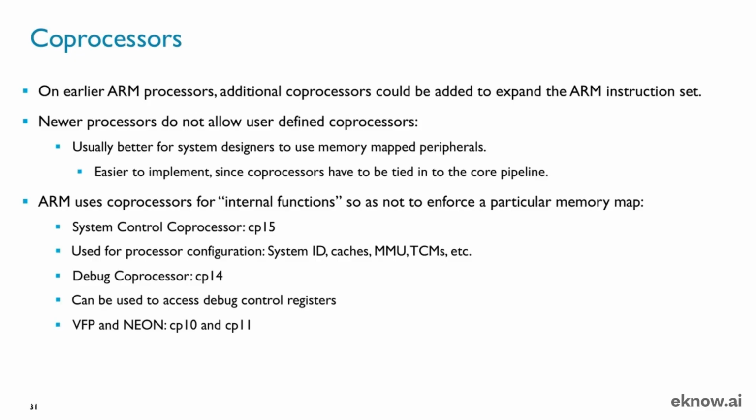These are the specialists for heavy-duty math. VFP handles complex floating point calculations, while NEON is an advanced SIMD engine, which stands for Single Instruction, Multiple Data. NEON is fantastic for multimedia applications like video decoding or audio processing because it can perform the same operation on a large set of data all at once.